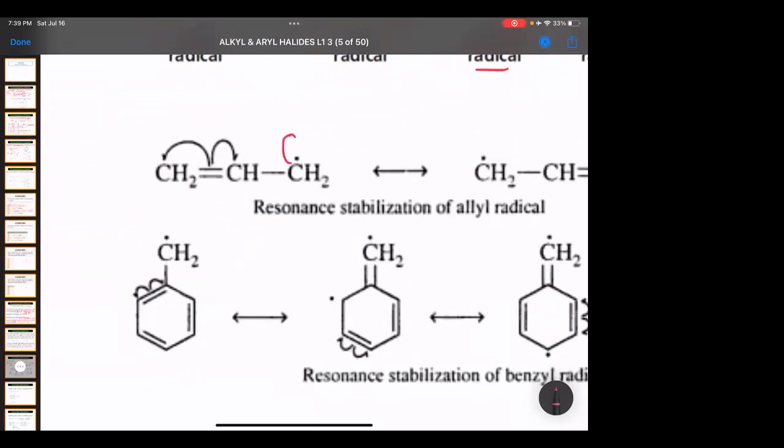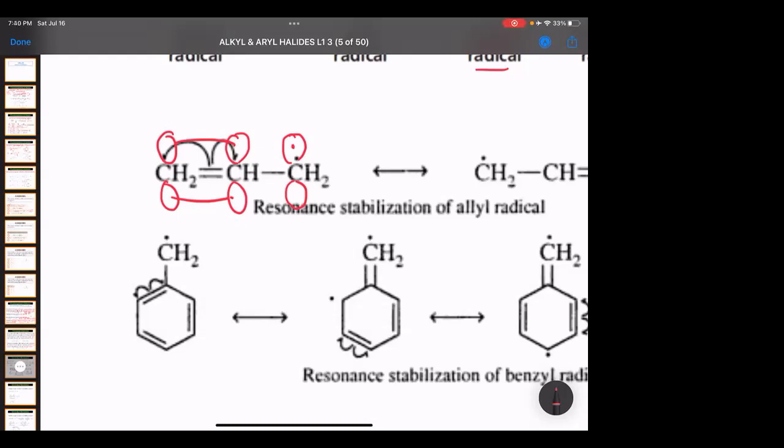Suppose this is the unpaired electron. It is there in the p orbital. And in the allylic radical, just near the carbon which bears the radical, there is a double bond sitting near to it. That also has p orbitals.